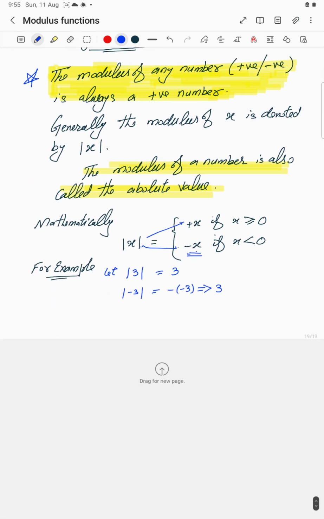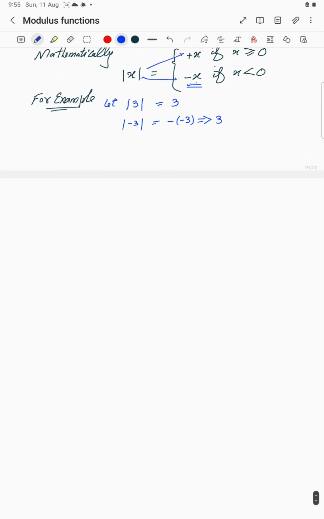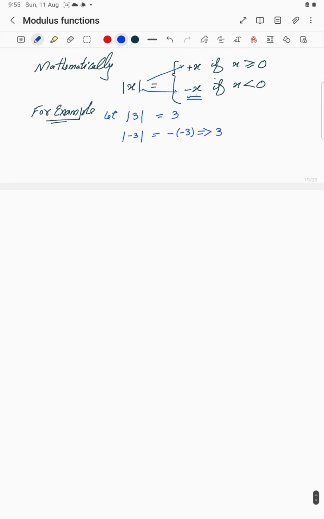Now before we start solving any modulus function, we need to know two properties of the modulus.